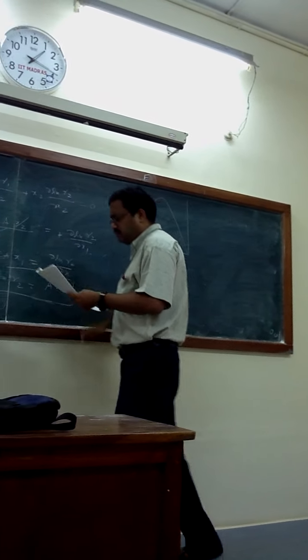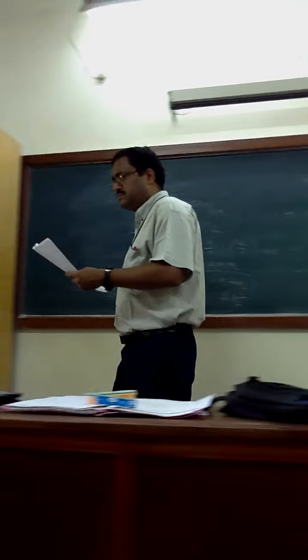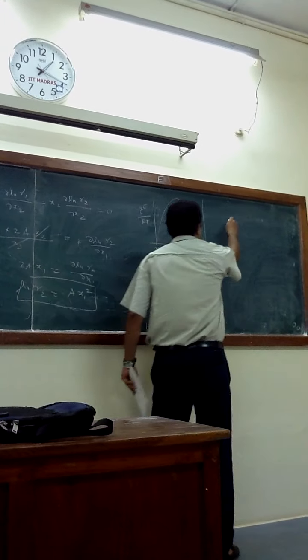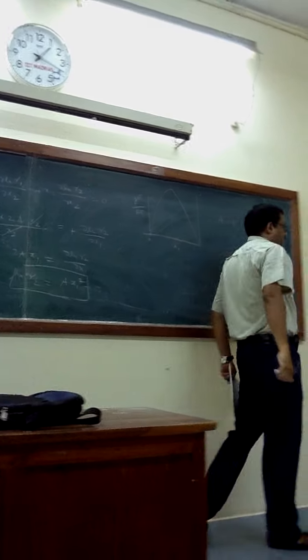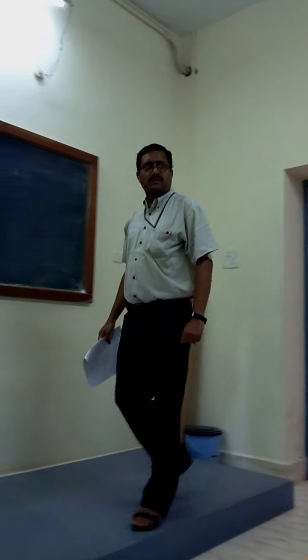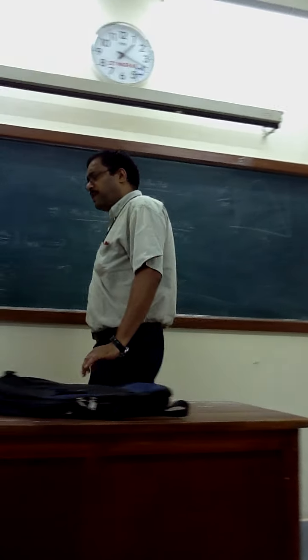What's the maximum value? I am assuming a equals to 1. Assume a equals to 1. Maximum value is obtained at x1 equals to 0.5. How much is coming? 0.25, right?